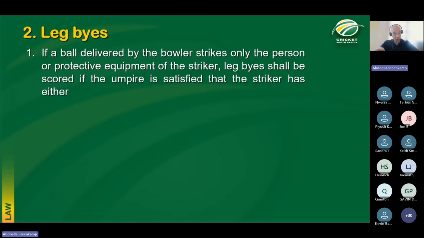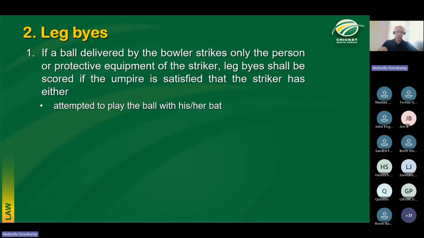But there are conditions that need to be met before those leg byes are scored. Let's have a look at what those conditions are. So first, keep in mind the first criteria is that the ball that was delivered strikes any part of the person or protective equipment.